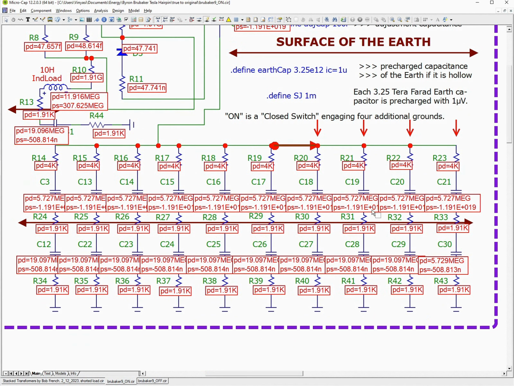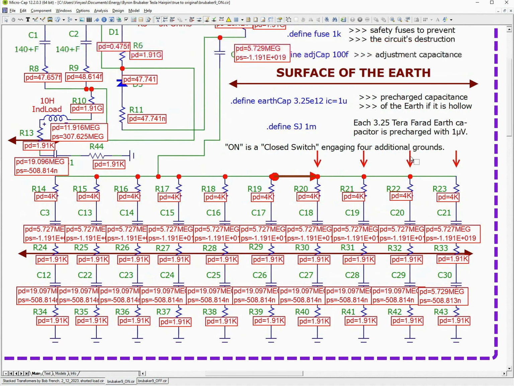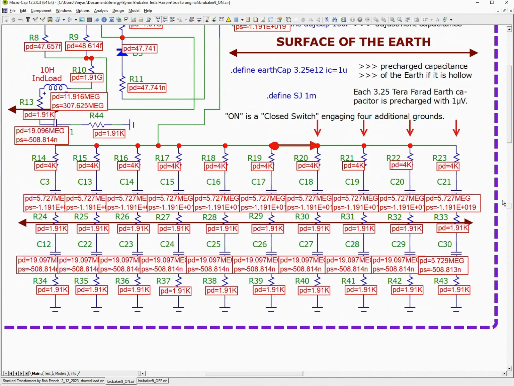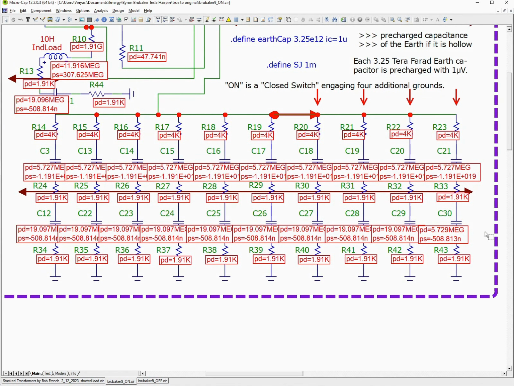It looks like the adjustment caps above the earth are the same as the ground cap over here. Yeah, it's pretty much the same. While the earth caps are storing slightly more than half of a microwatt, they're dissipating close to 6 times 10 to the 6th power, close to 6 megawatts.